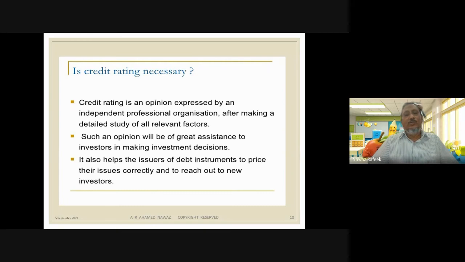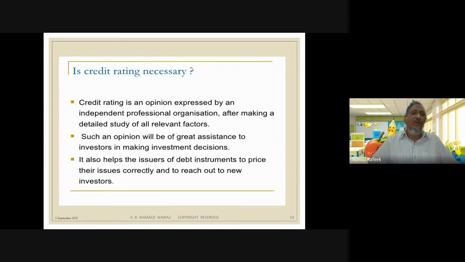They go through a detailed study of all factors: internal business factors, what is revealed from the financials, due diligence on the financials, and also external factors, marketing factors, technical factors, environmental factors, and fiscal analysis.